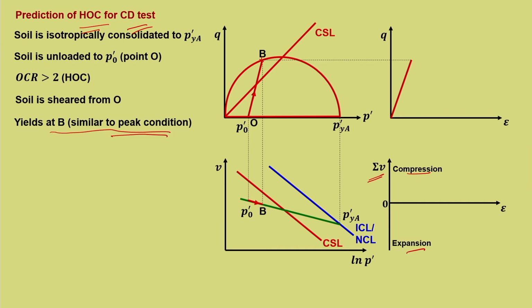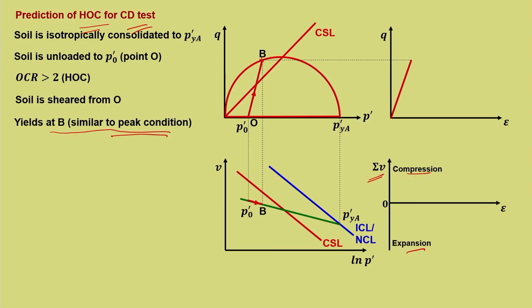And what it will look like in Q epsilon, so up to B it should be an elastic response. Now, in the case of MCCM, we are forcing certain conditions here. When it reaches peak, it is yielding. So, that is what it means. So, yield point B is the same as the peak point. So, here this is an imposition, and we do not know whether the soil is going to behave in that manner, whether the soil is going to yield at the peak point, this is not clear.